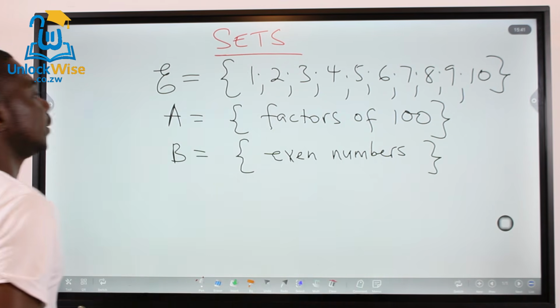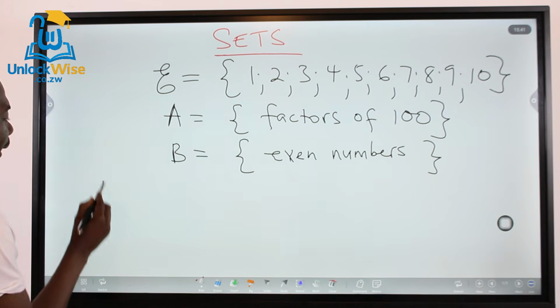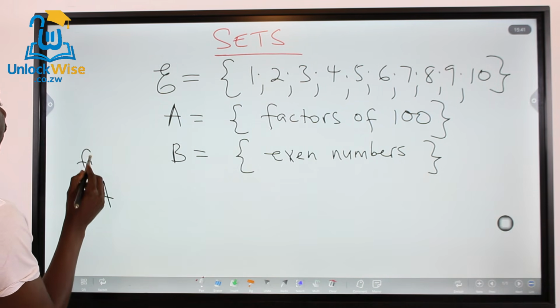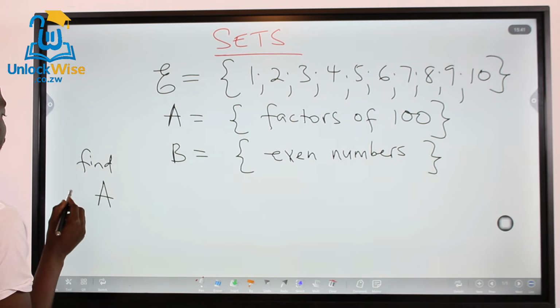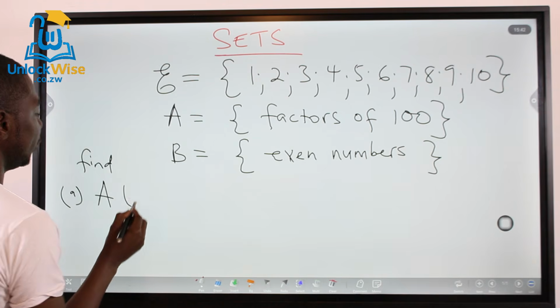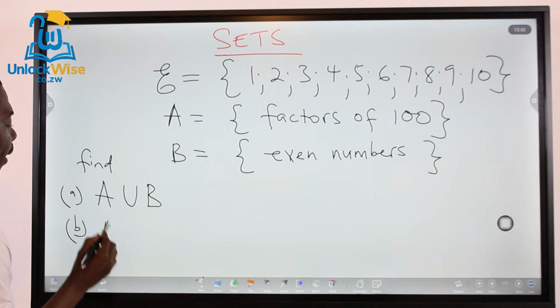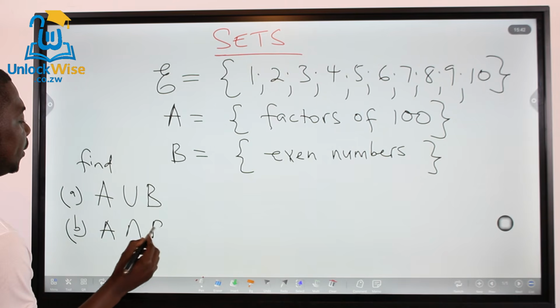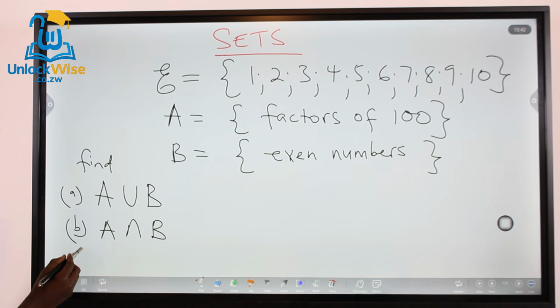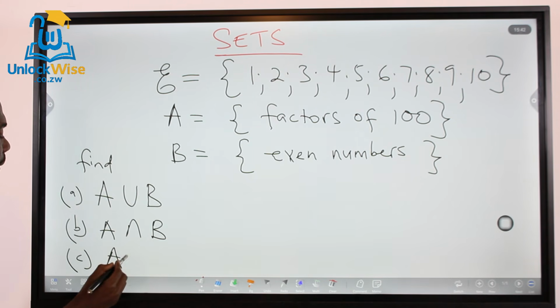Right. We want to find A union B, A intersect B, and maybe A complement.